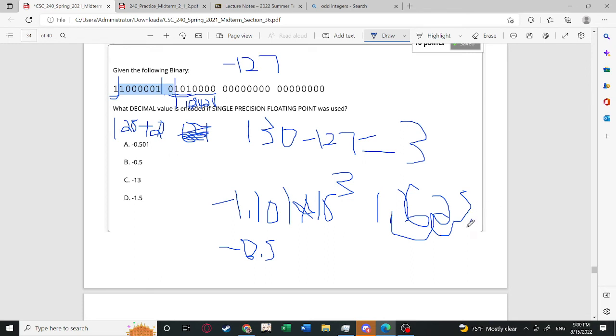Remember, move it from here to here to here. So the closest answer is... no, wait. So times 2 to the third, then you move the decimal by 3, and that would be your binary.